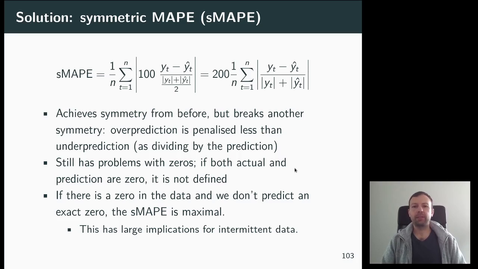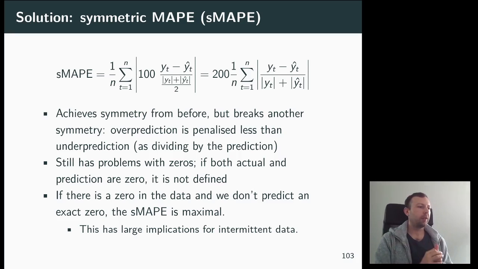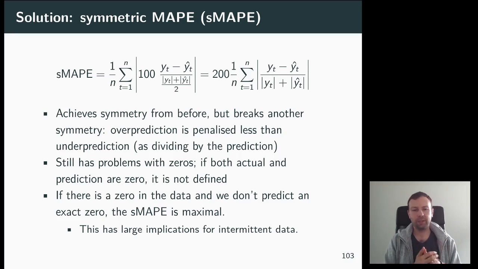You still have problems with zeros, because if the actual is 0 and you have a very good prediction that is also 0, you're still dividing by 0. And another, more subtle problem, but also very relevant, has big implications if you have intermittent data, like slow-selling products, a product that you sell only once every 2 months, and you have a daily series with all these zeros.